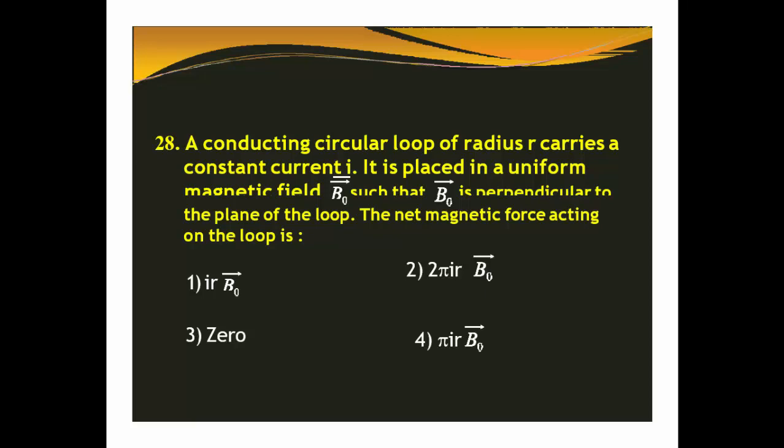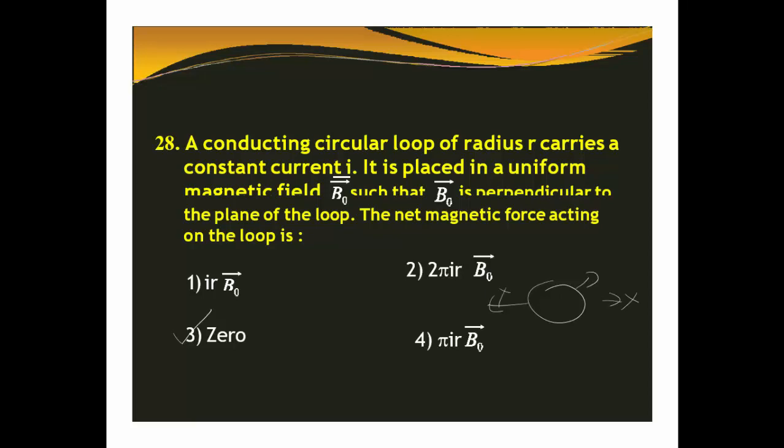A conducting circular loop of radius r carries a current I. It is placed in a uniform magnetic field B naught such that B naught is perpendicular to the plane of the loop. The net magnetic force acting on the loop is a very simple and straightforward question. The net force on the loop is 0. As I discussed, the circular coil will not move either towards the x-axis or the y-axis.